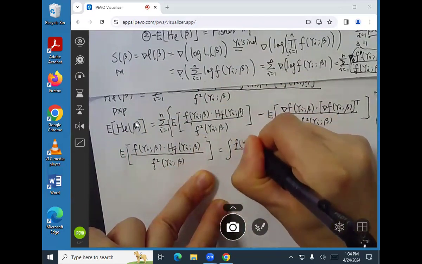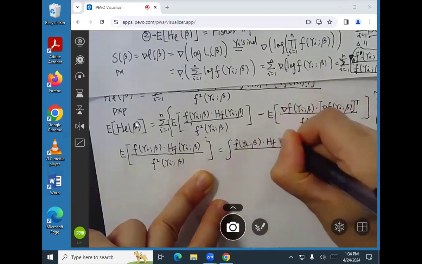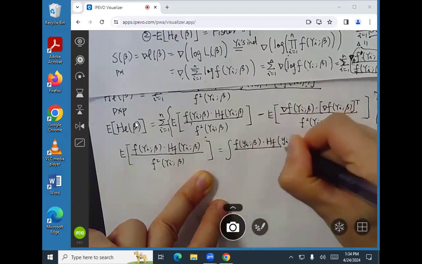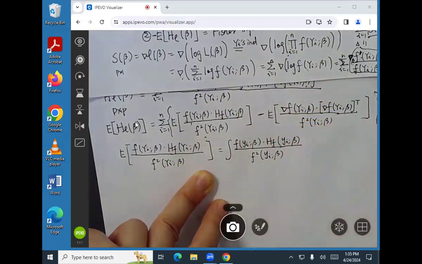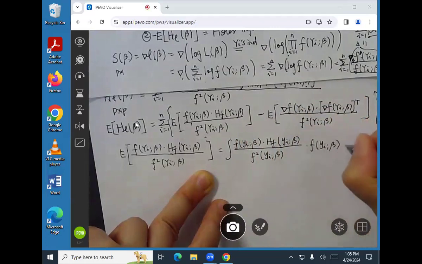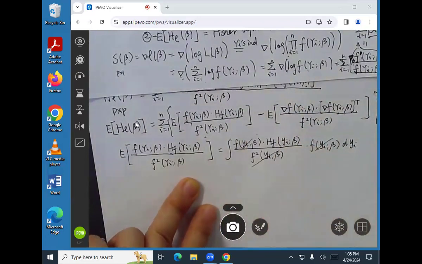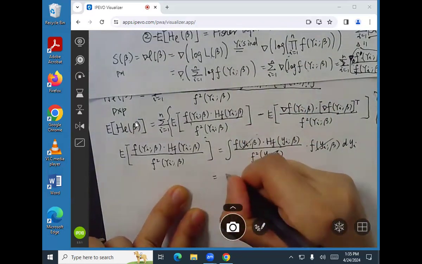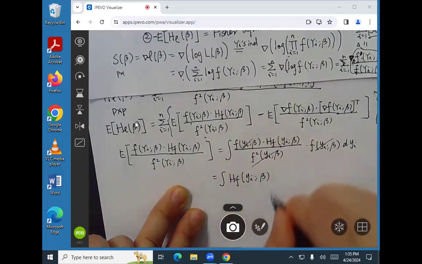I change yi to lowercase to mean any value the random variable can take, and then times the density, dyi. Now you see that I have cancellation again. These cancel, so it's just the Hessian of f at yi, beta, dyi.